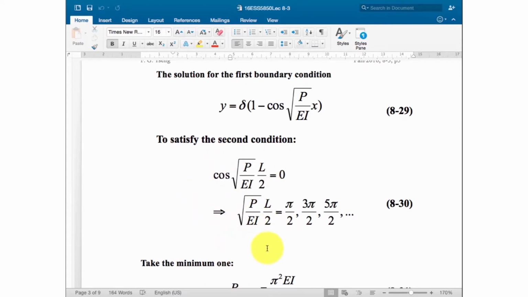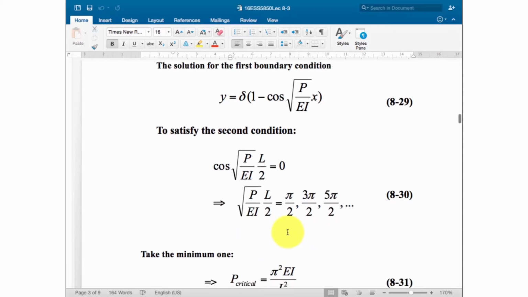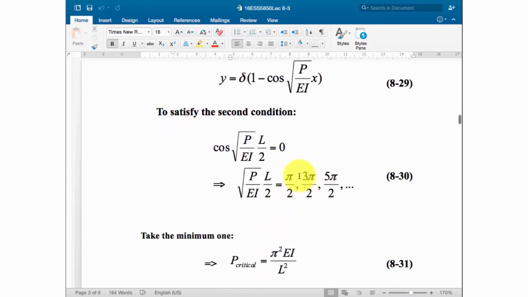So n times pi over 2, the odd numbers of pi over 2, will become the solution. When we take the smallest one, this is the smallest boundary condition which can fit into the solution.